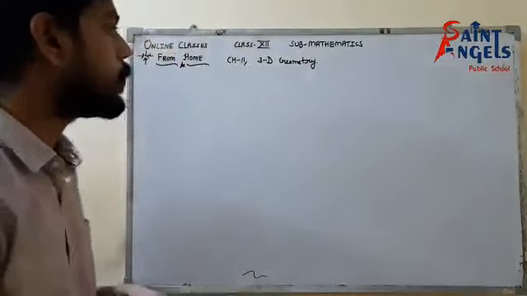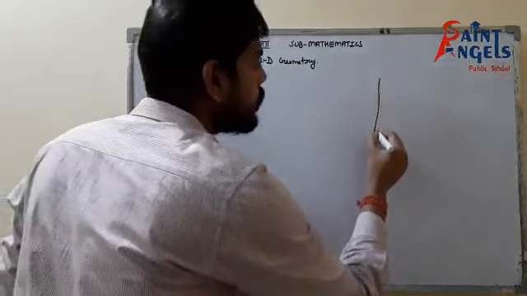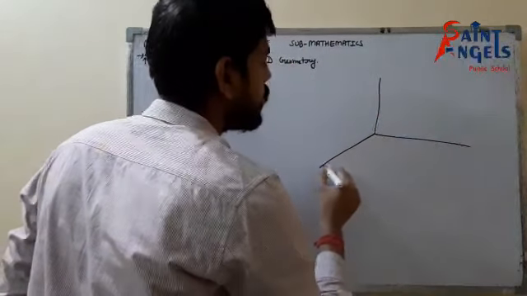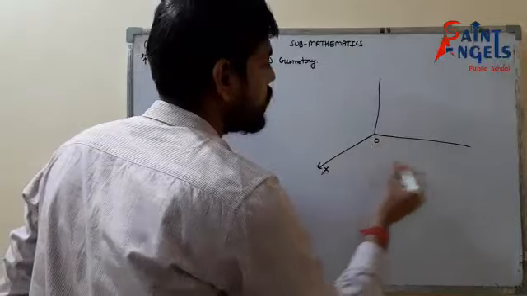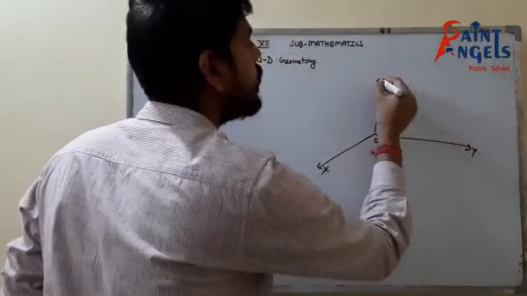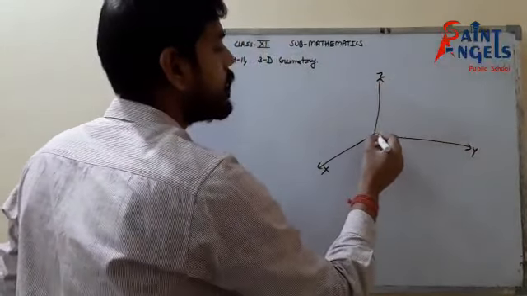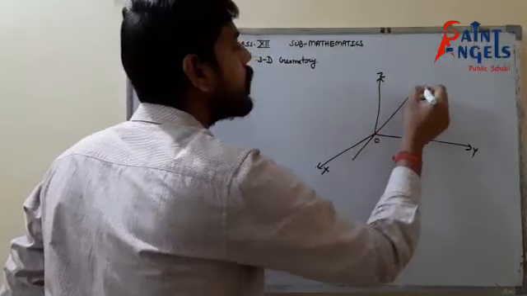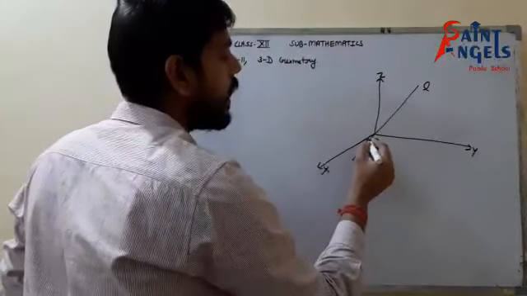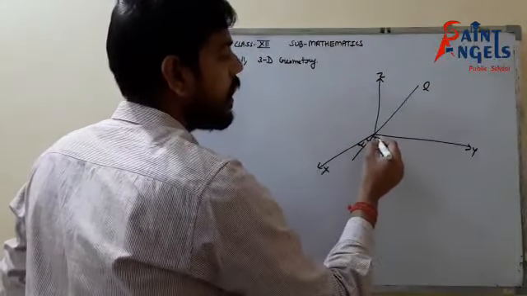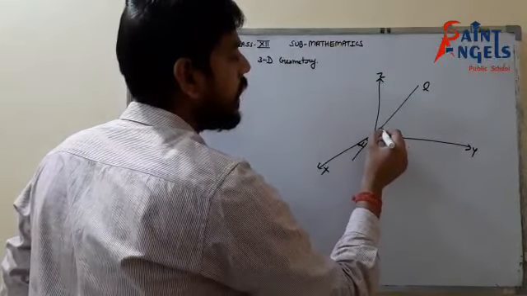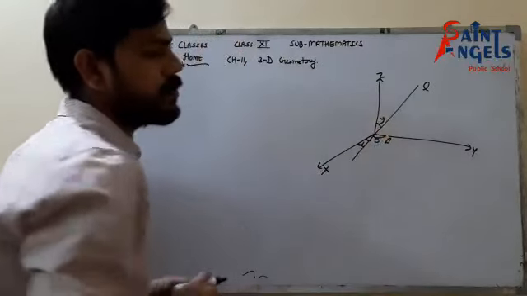Suppose in the 3D system, this is my x-axis, y-axis and z-axis. Suppose there is a line L which is making angle alpha with the x-axis, angle beta with the y-axis and angle gamma with the z-axis.